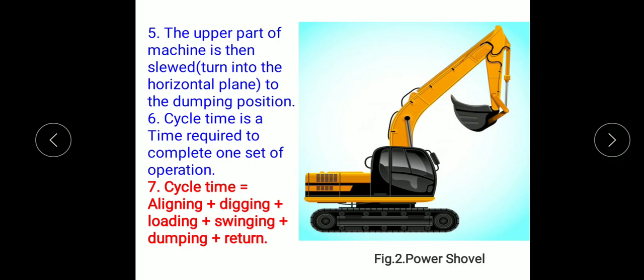So the cycle time is the time which is required to complete one set of operation, and this one set of operation consists of the time required for aligning of the bucket, the digging, that is excavation of the material, plus loading the material into the bucket, plus swinging the boom for dumping the material in a dumper, plus the time required for dumping the excavated material in a dumper, plus the time required for the dumper to return to its original position.